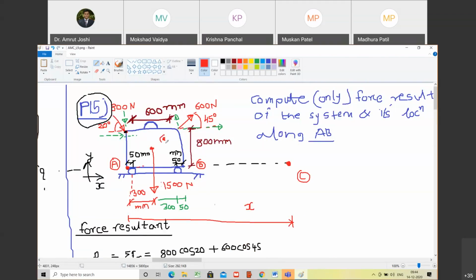We choose like this. Are you with me, Mokshat? Yes, sir. So the algebraic sum of moments of all the forces about the z-axis passing through this point under consideration must be the same as the moment of the resultant force. Are you with me? Yes, sir. Passing through the z-axis at this point. So the point is fixed, we are not changing the point.